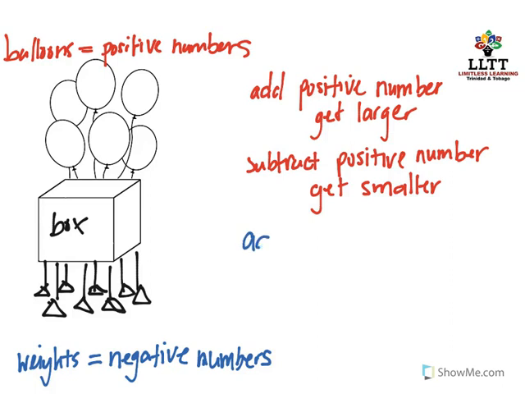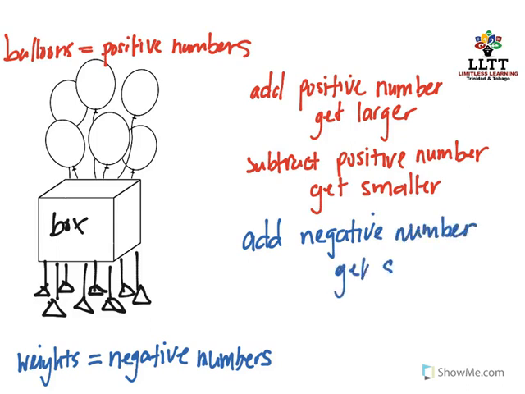So when I add weights, which means I'm adding a negative number, I get smaller because I get pulled down, right? So once I add negative numbers or I add weights, my box is going to get heavier, it's going to be pulled downwards, and it's going to get smaller. So when we add a negative number, we get smaller.